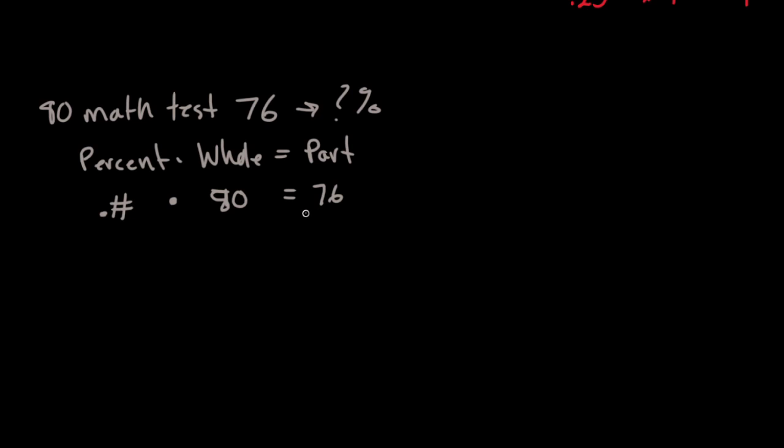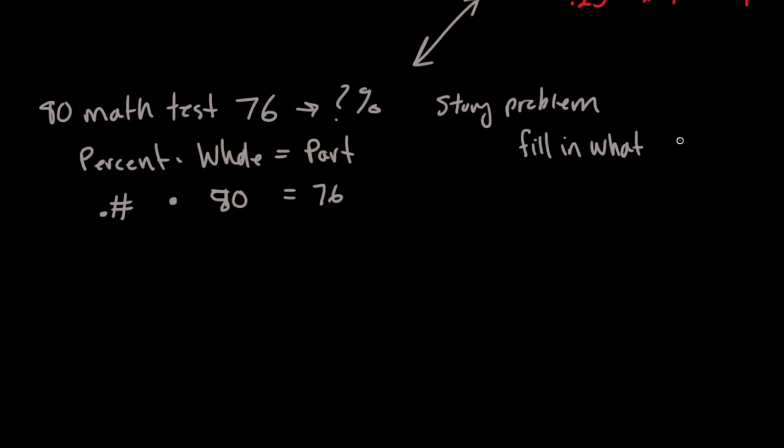So now we have to figure out what that is going to be. You just saw the algebraic manipulation that we did up there, and so you can apply the same thing. But if you have a story problem, simply rewrite the equation and fill in what you know and fill in what you don't know.